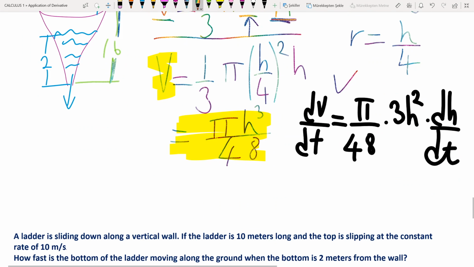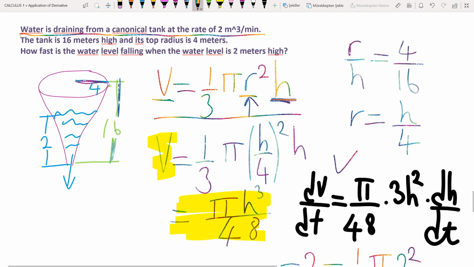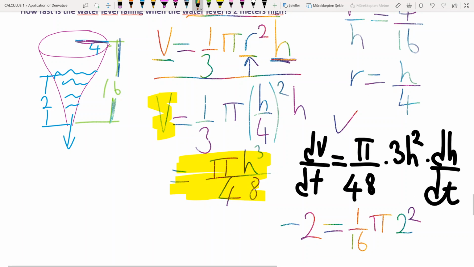So minus 2 is equal to 1 over 16 pi times 2 squared, since when the water level is exactly 2 meters high, it means h is 2, that is 2 squared, times dh over dt.